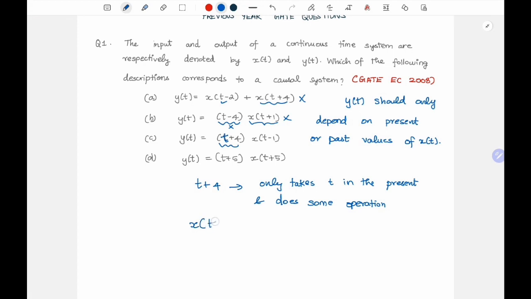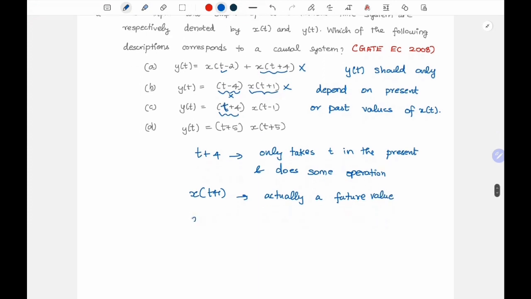But x of t plus 1 is like x depending on t plus 1, which is actually a future value. And x of t minus 1 is actually a past value. So this is a causal system.